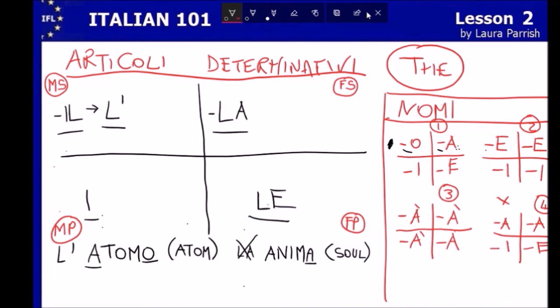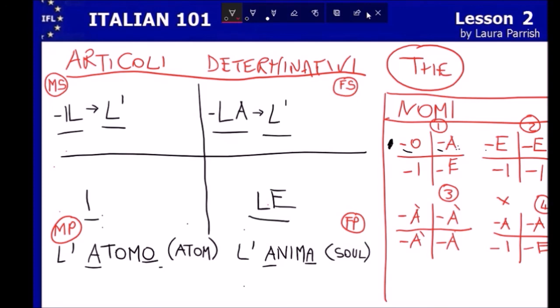So, because the word starts with a vowel, you need to use the contraction. So, we learn something else in Italian. When a noun, masculine or feminine, starts with a vowel, you have to use the contraction. Here it's like another article, but just for you to know, in reality it is the same feminine article that got a contraction because in front of a word starting with a vowel, you use this article.